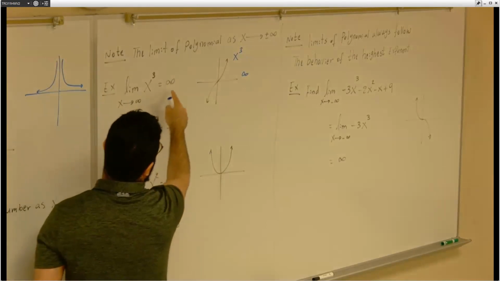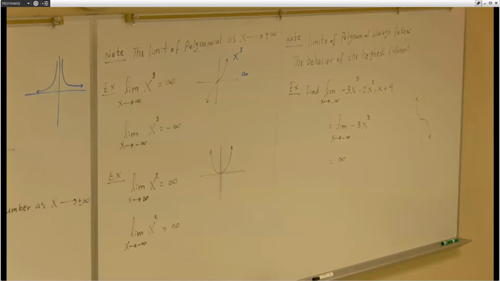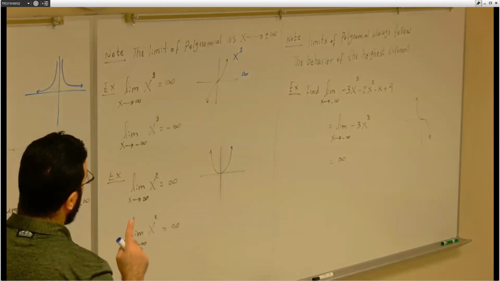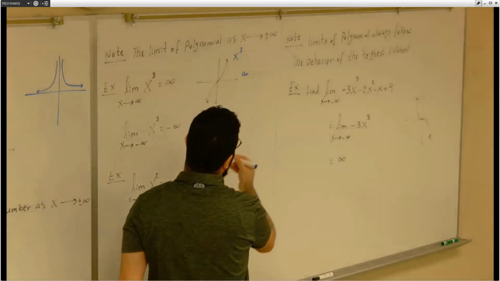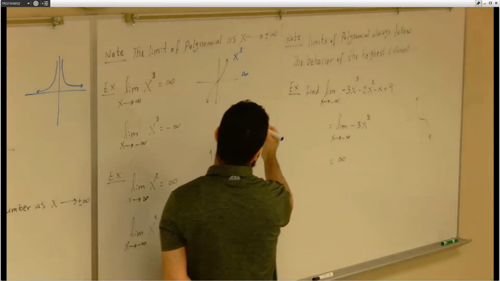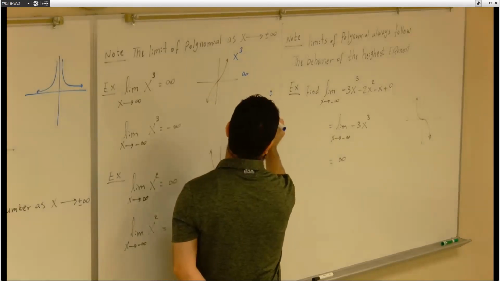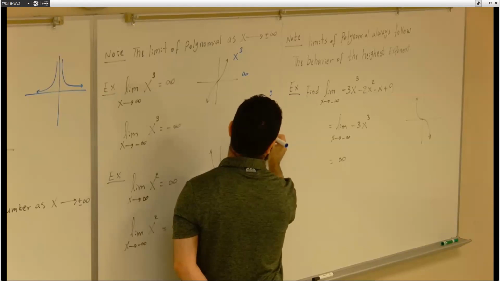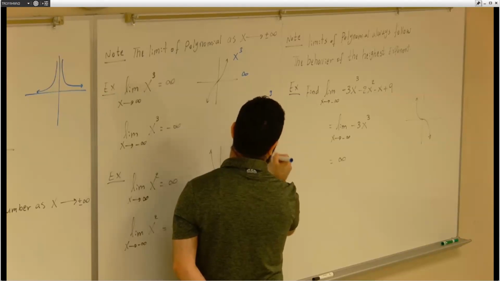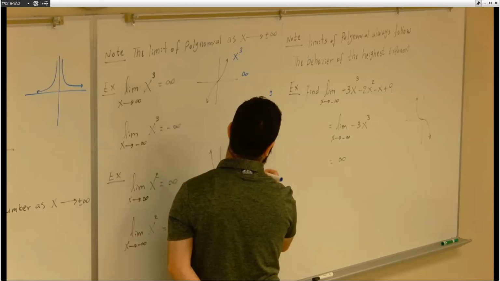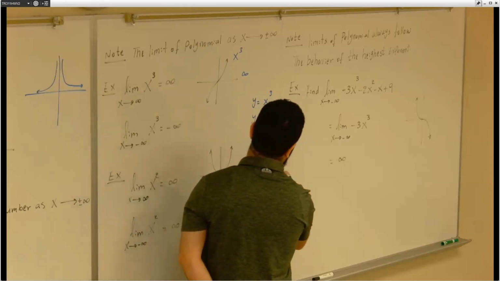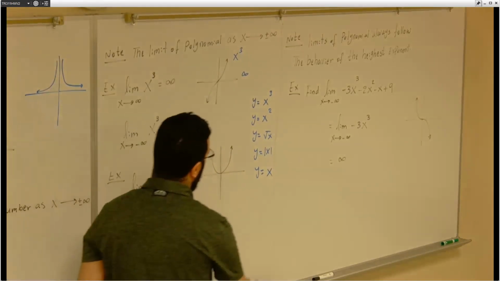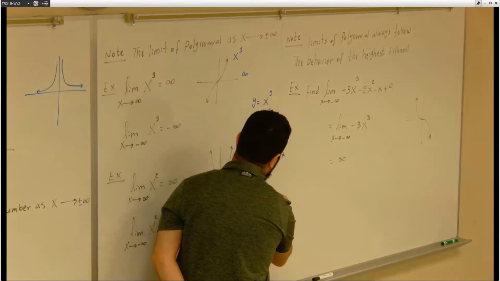This is also a basic function. You have to know the graphs of these basic functions: y equals x cubed, y equals x squared, y equals square root of x, y equals absolute value of x, y equals x, and also the graph of 1 over x.